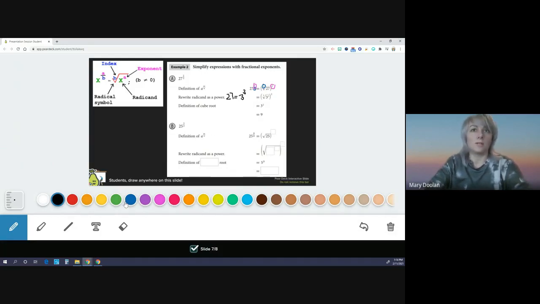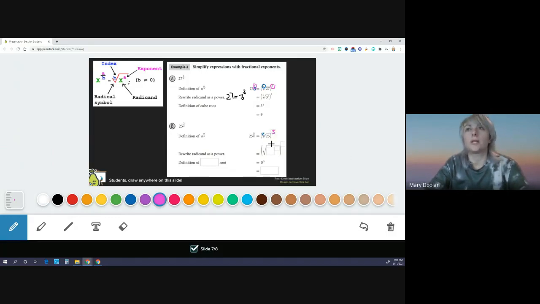Okay, and so because of that, here's 25 to the 3/2. 2 is the denominator, and remember guys, when your index is 2, that's a square root. We don't typically have to even write the 2. We can write it just to show you that you can. It's not wrong if you write a 2 here, but typically you don't write it. And then the 3 is going to end up right here.